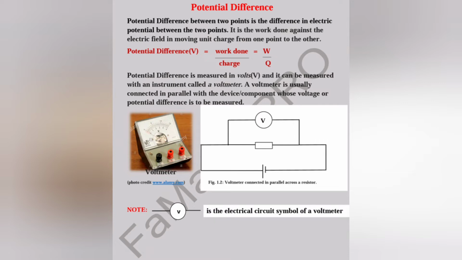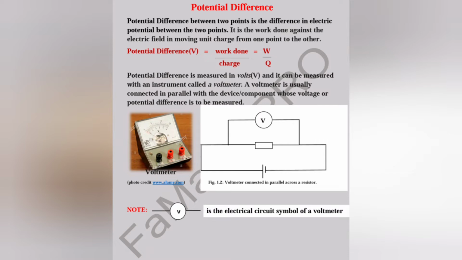Potential difference is measured in volts, and a voltmeter is an instrument used to measure potential difference. Unlike ammeters, voltmeters are usually connected in parallel with the device or component whose potential difference is to be determined.